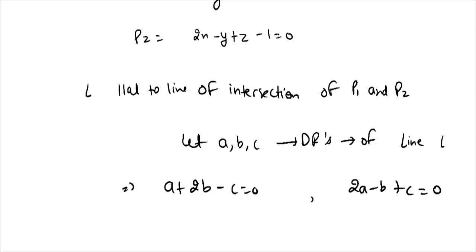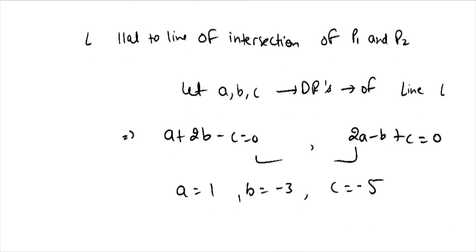So from here, after solving these two equations, we have value of A is 1, value of B is minus 3, and value of C is minus 5.